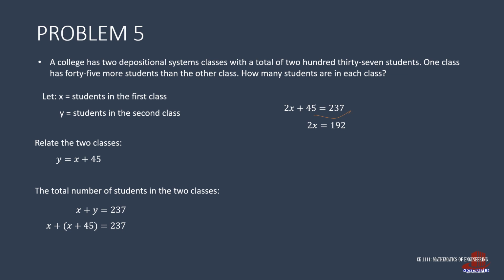Move 45 to the other side to have 2x as equal to 192. Take x by dividing 2 on both terms to have x as 96, the number of students in the first class. The students in the second class can be observed from y as x plus 45, which makes 96 plus 45, and y is simplified as 141.